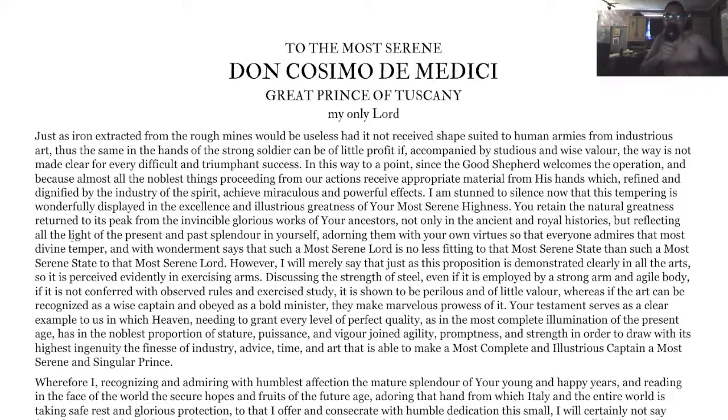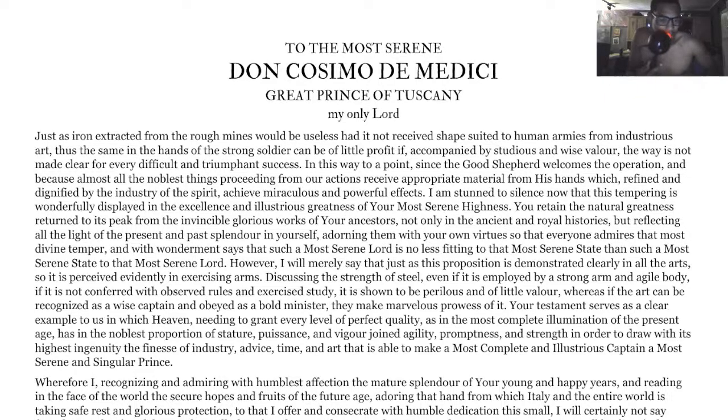Just as iron extracted from rough mines would be useless had it not received a shape suited to human armies from industrious art, thus the same in the hands of a strong soldier can be of little profit if not accompanied by studious and wise valor. The way is not made clear for every difficult triumphant success.